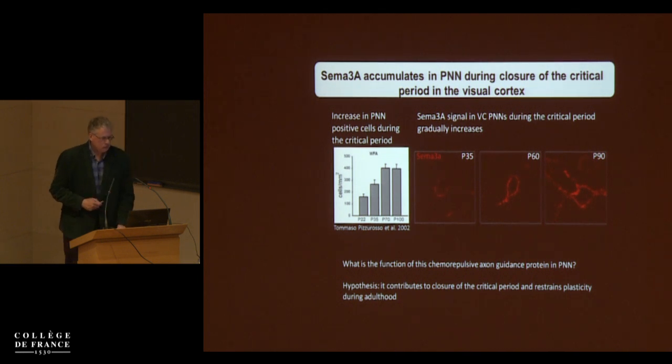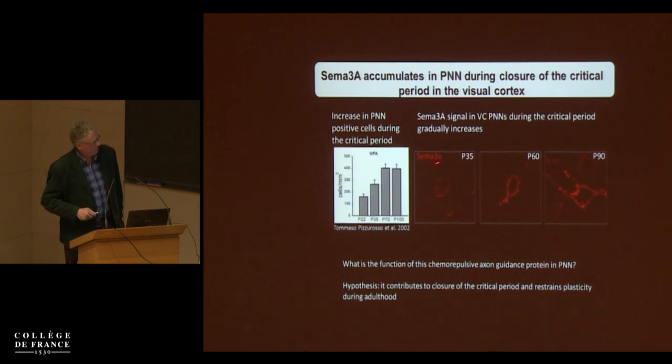Well, finally, I want to show you a couple of results, which are also work in progress, together with Tommaso Pizzorusso and Elena Boggio, on the possible function of SEMA3A and PNN. And this is actually a developmental time course of SEMA3A.